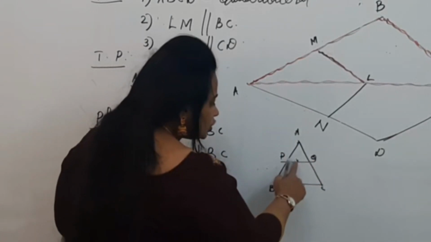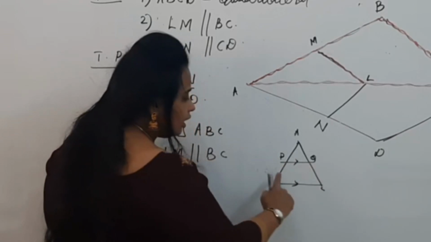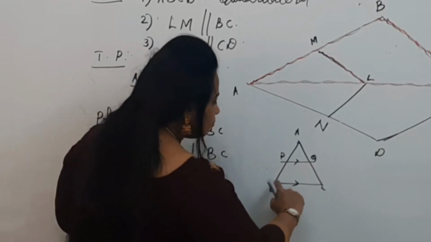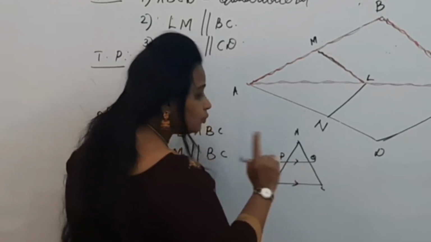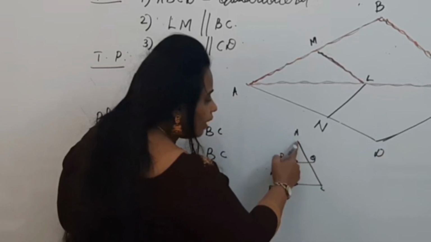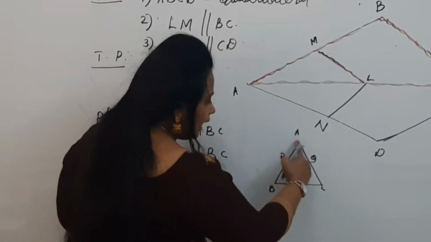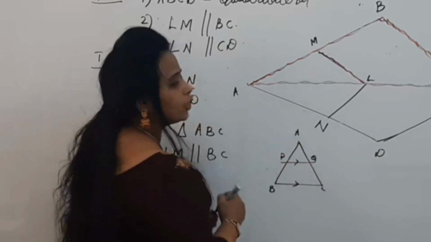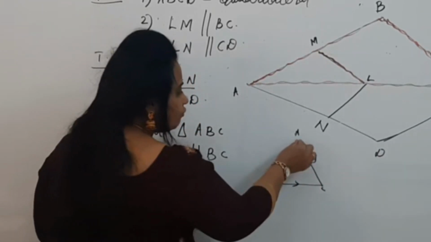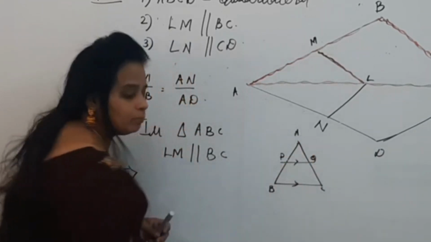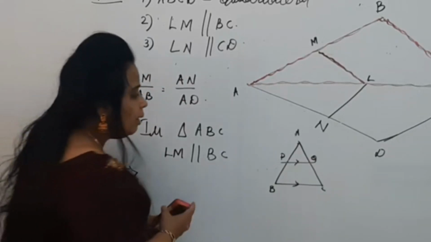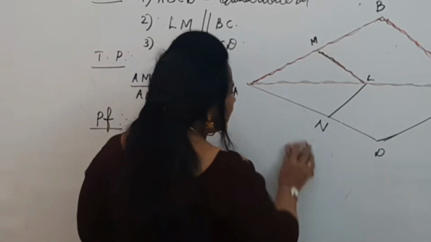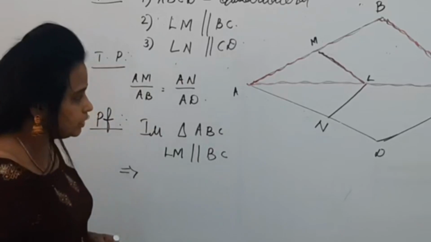Parallel to BC means the ratios are equal. You will not take the ratios from the parallel lines, from BP. You will take them from the top vertex: AP by PB is equal to AQ by QC. From the vertex you have to pick up your ratio. This is the main point to understand to get your ratios thoroughly.